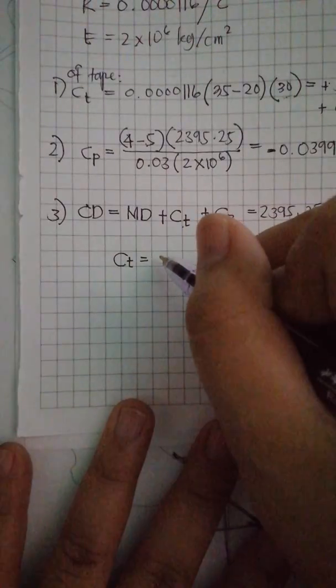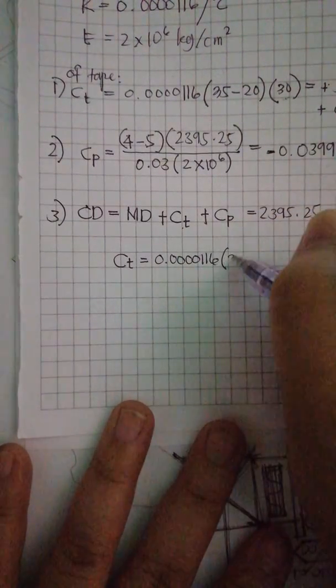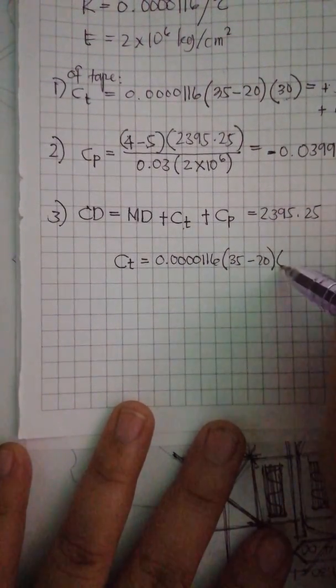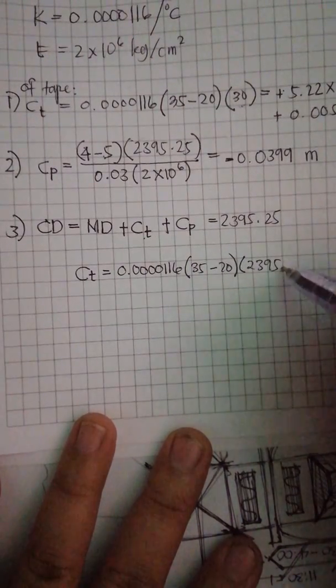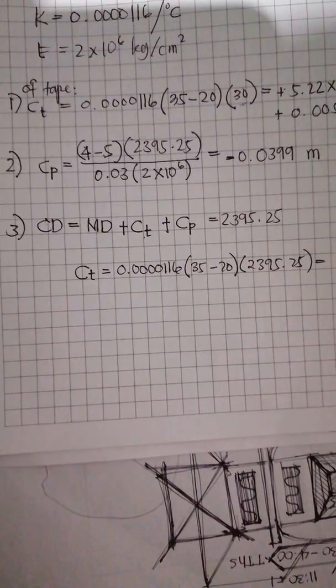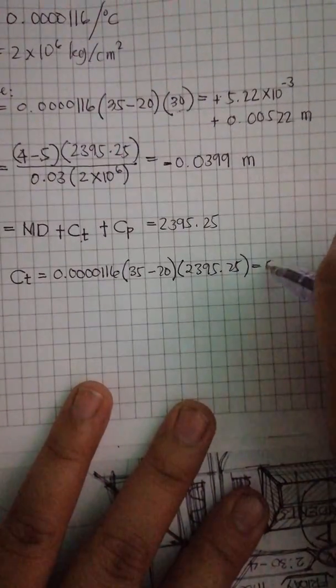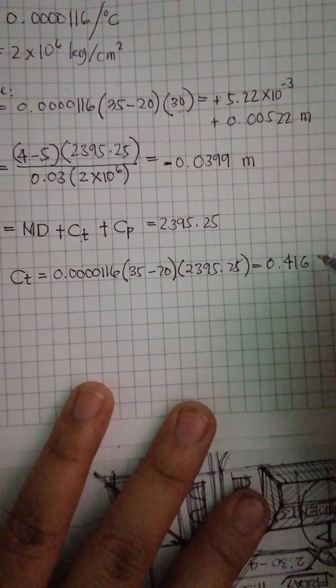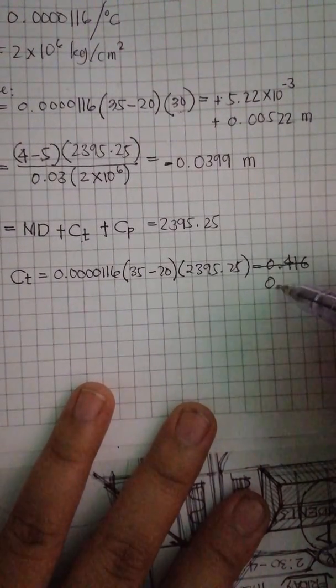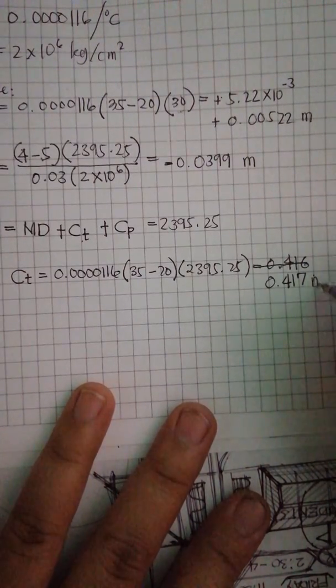So, we will solve first for the measured length. Okay, 35 minus 20 times 0.0000116 times 2395.25. This is 0.416 or 0.417 meters.